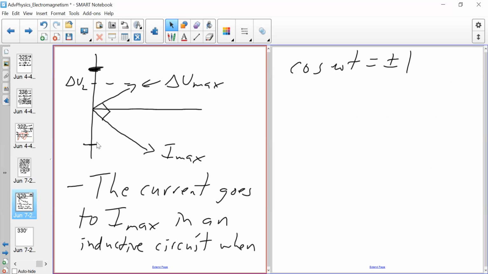And then for the sine function, it's maximum only at pi over 2 and 3 pi over 2. So it's going to be ahead of the current by 90 degrees.